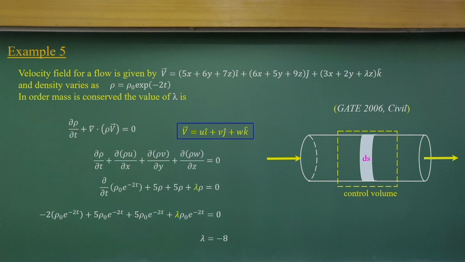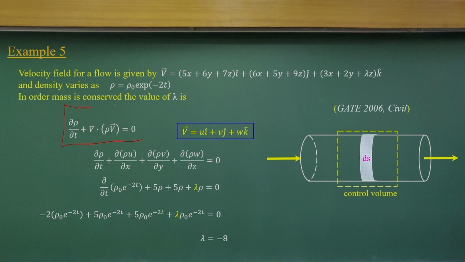Now, when you do the integration, the integrand can be taken out, and the equation becomes the partial derivative of rho with respect to time plus the dot product of the del operator and rho times v.